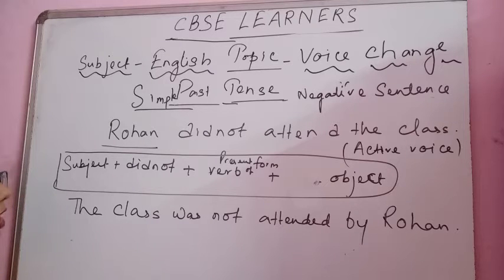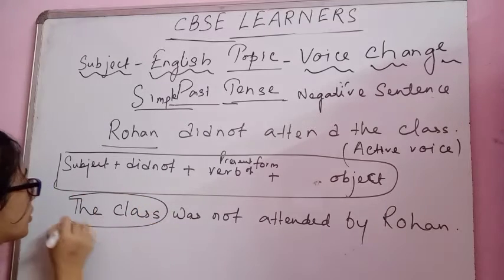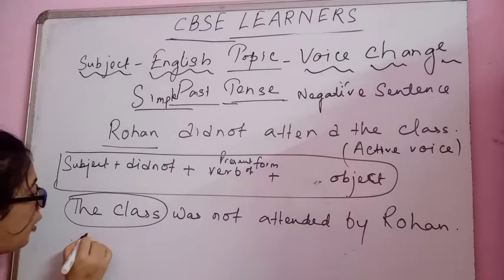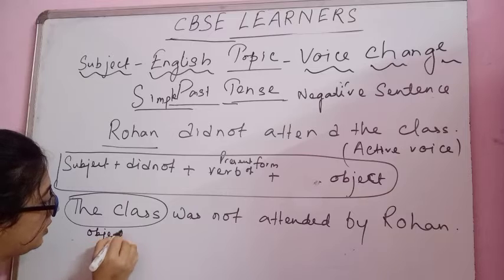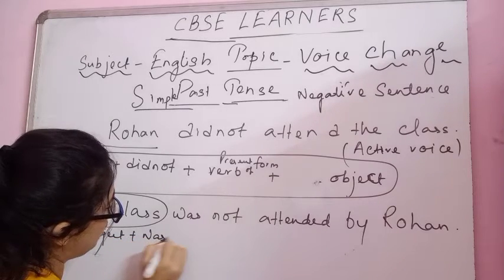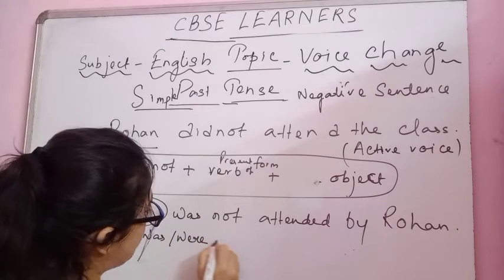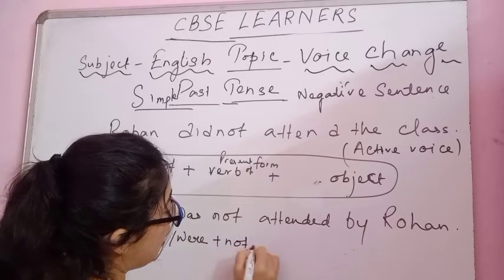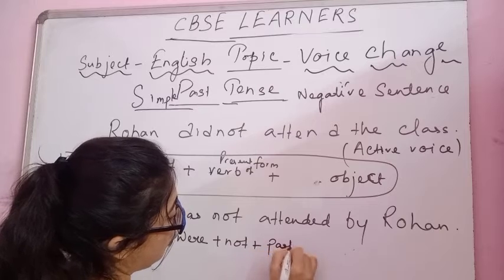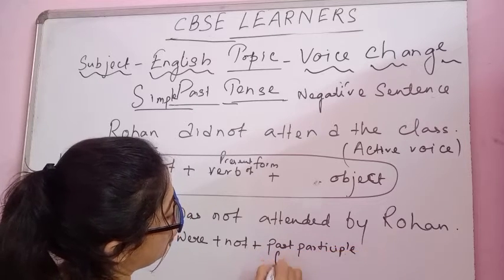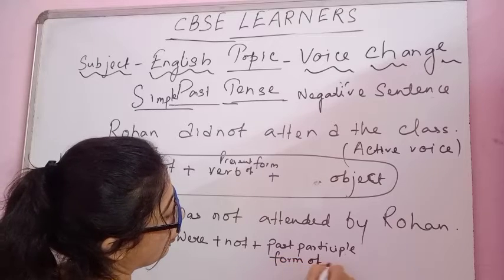This is in case of passive voice. We need to bring the focus on the object, which is the class. Now what will be the formula? Object plus was or were, depending on the number of the object, plus not, plus past participle form of verb.